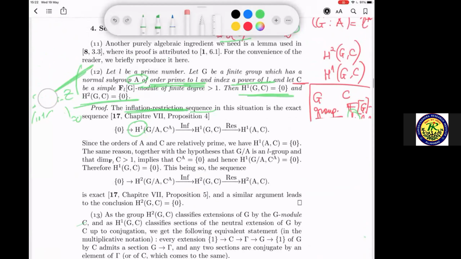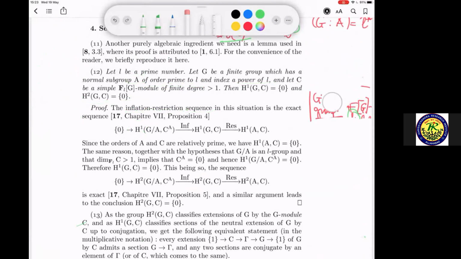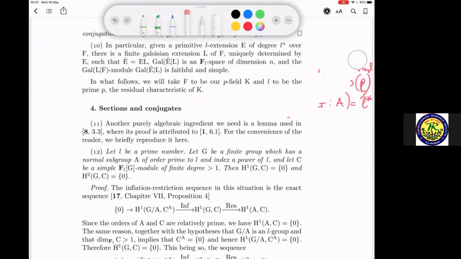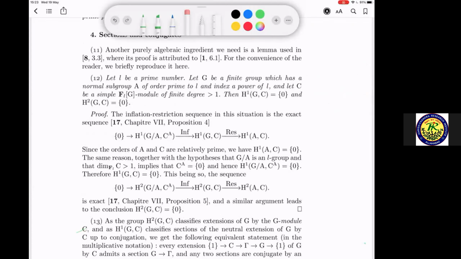So let's come back to the proof of this statement. As I said, these cohomology groups, H1 and H2, they don't come by themselves. They are somehow related to each other. There are many functorial kinds of properties.